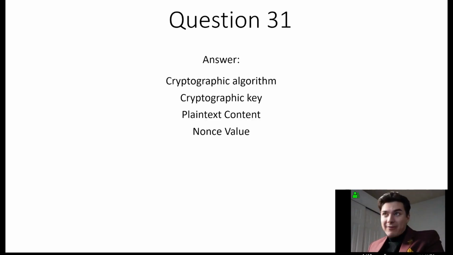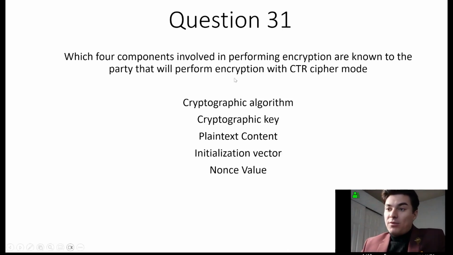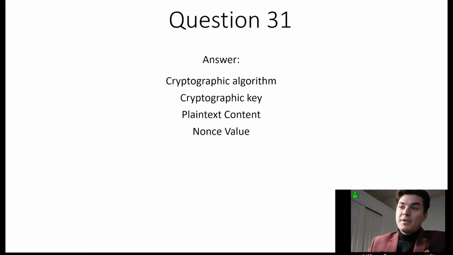If it was after, then it would depend on which cipher mode they would need. But they would certainly need to know the cryptographic algorithm, the cryptographic key, and the initialization vector if it was like cipher feedback, for example. So again, with counter mode, this is the answer here.